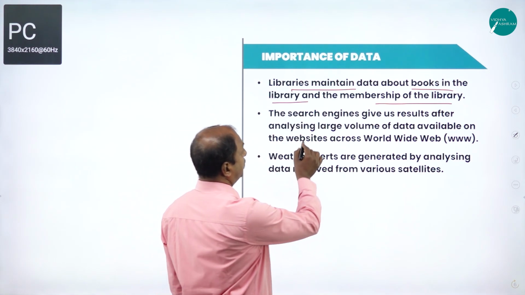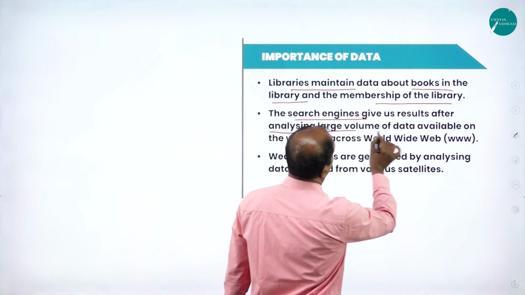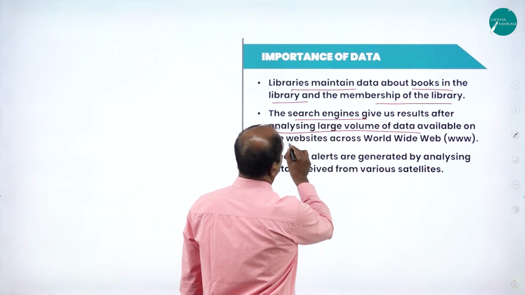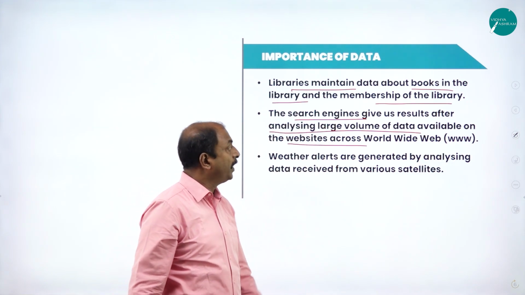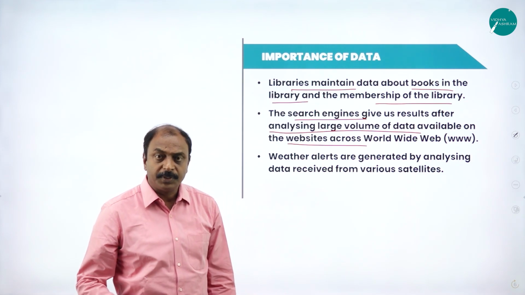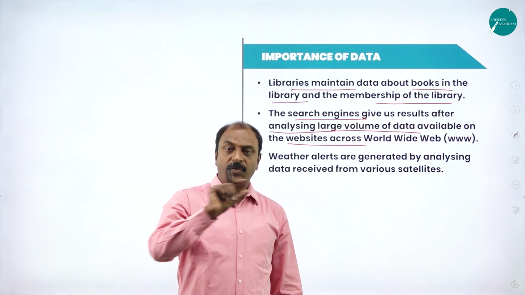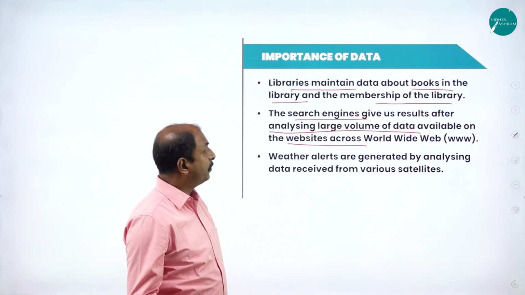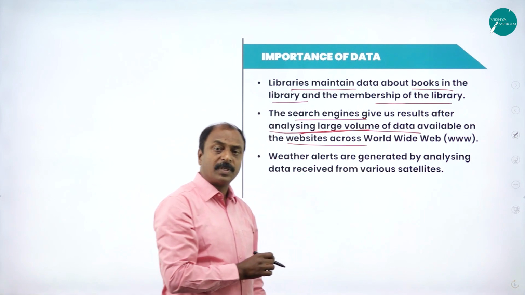And search engines give us results after analyzing a large volume of data available on websites across the www, or World Wide Web. Whenever you look for information through a computer system, when you Google it, you type one of the keywords, and based on that you can see there are so many results displayed on the computer.